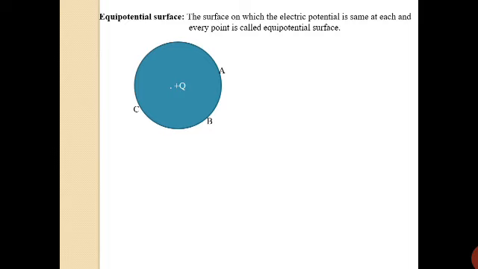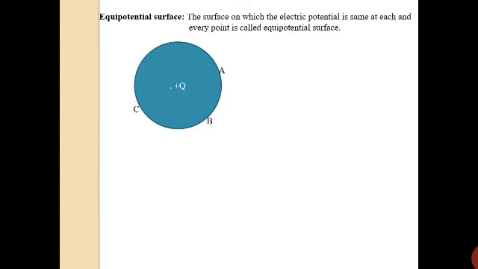Now the last topic of this class today is equipotential surface. So very first, read the definition here. The surface on which the electric potential is the same at each and every point is called an equipotential surface. Now take the diagram here: plus Q, and outside this we have space, that is called the electric field.